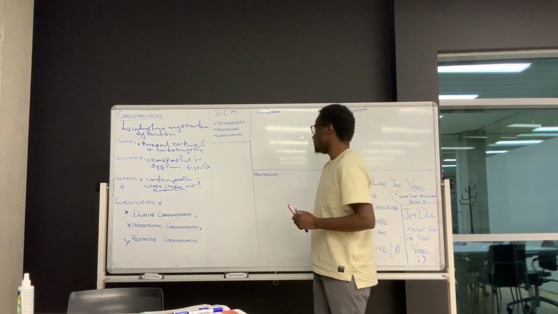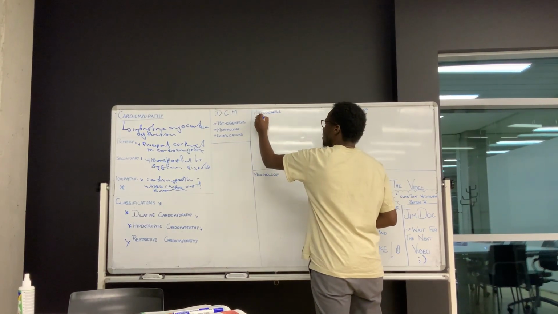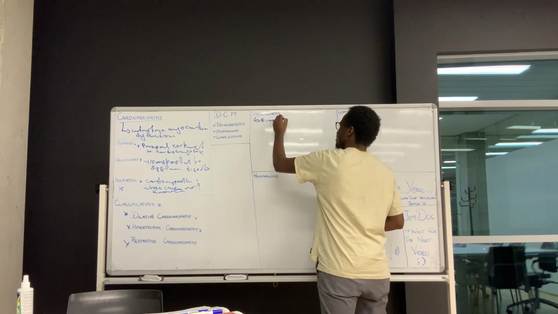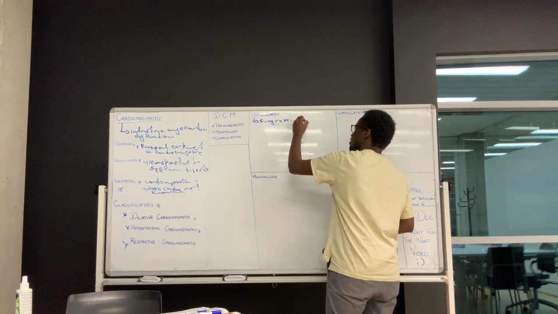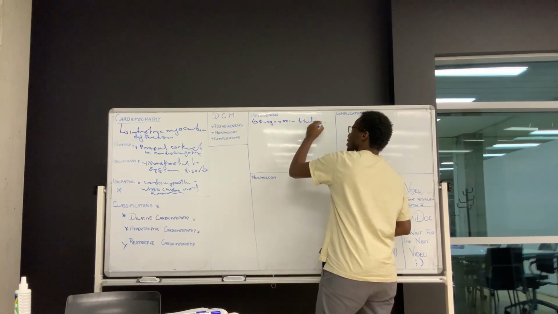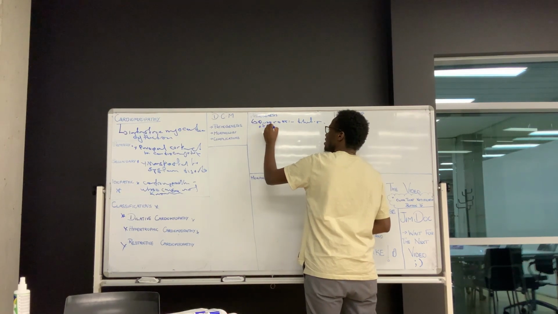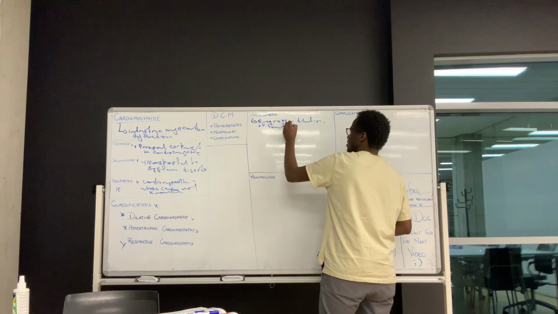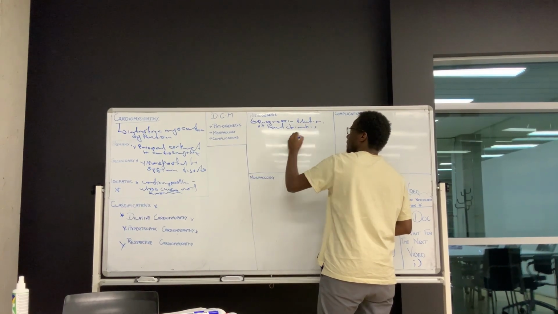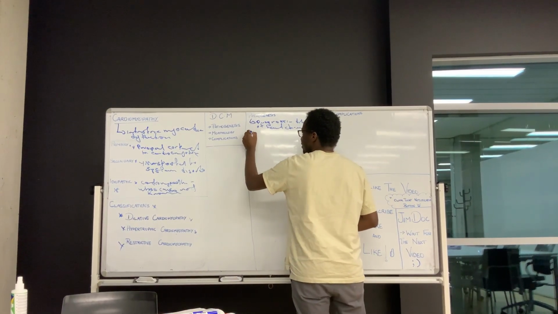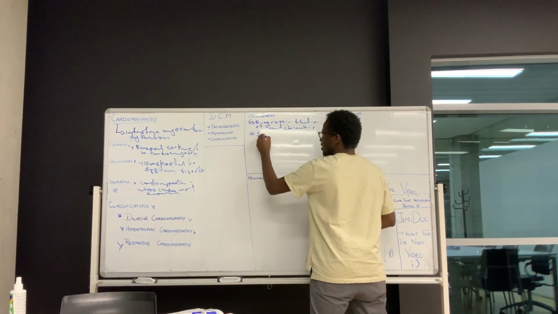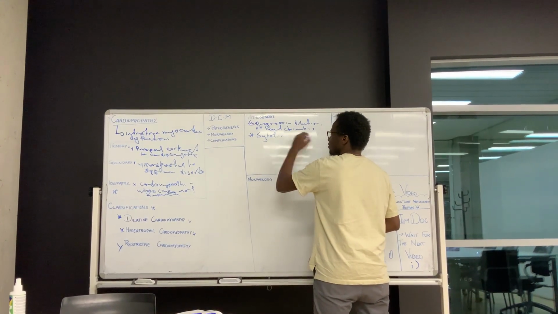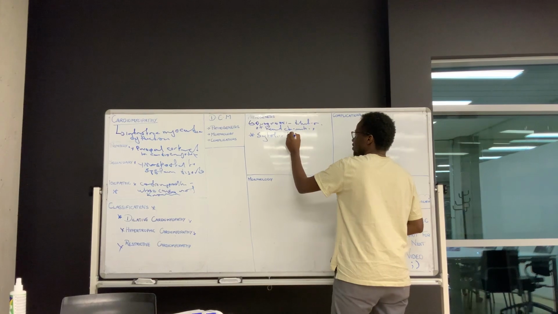So here we have progressive dilation of the heart chambers, and also systolic dysfunction.